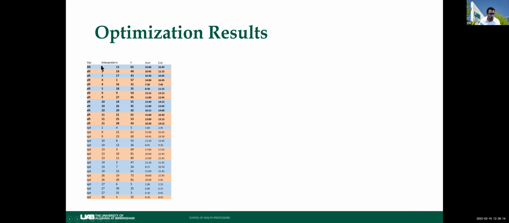You can see for every interpreter what interpreter is assigned to what patient, and then the start and then the end. So that's the ultimate output of the model after combining the predictive model and the prescriptive model. So we can have a schedule that represents the assignment of any interpreter to any patient, what time start, and then the end.